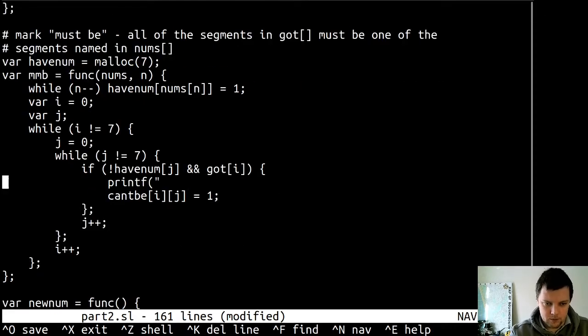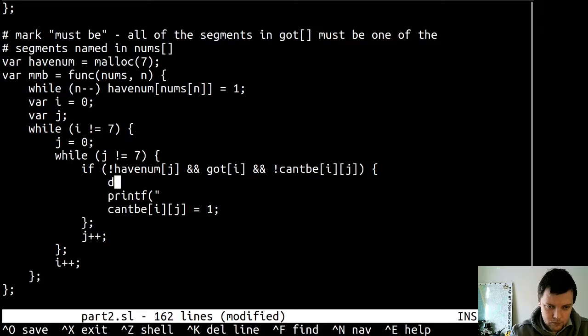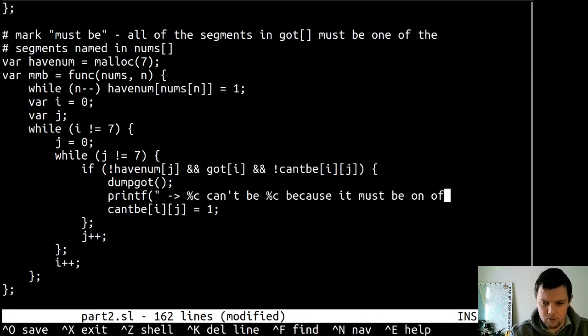How does this one work? So we'll print %c can't be %c because it must be one of the nums. It must be a num. Must be in nums, which I can't be bothered printing out because we should know what it is.